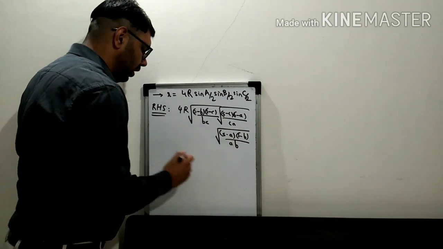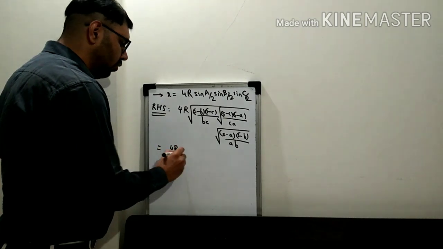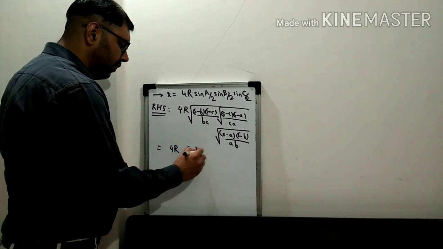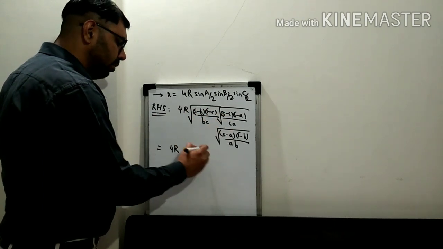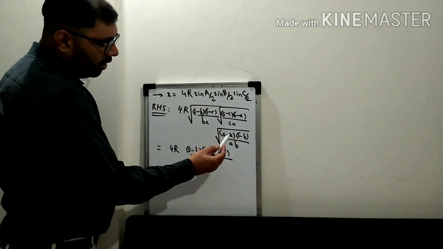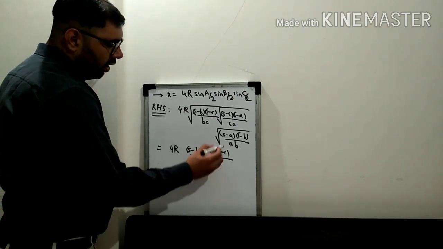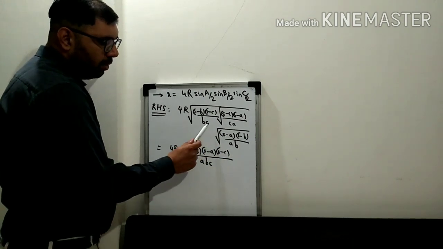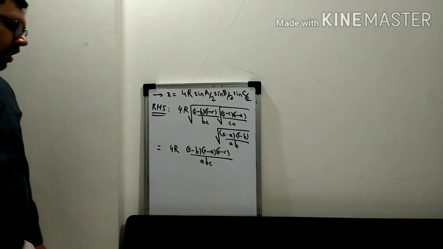So what does this become? It becomes 4R, and the roots of s minus b, s minus c, s minus a, s minus c, s minus a, s minus b give s minus a, s minus b, s minus c, and in the denominator you will have abc, since root a multiplied will give a, root b multiplied will give b, and root c multiplied will give c.